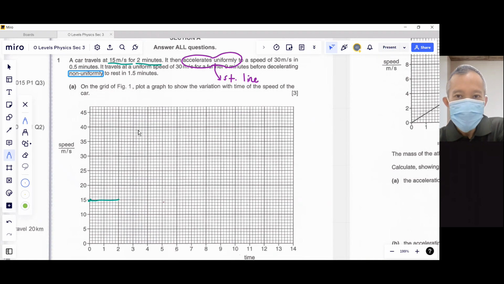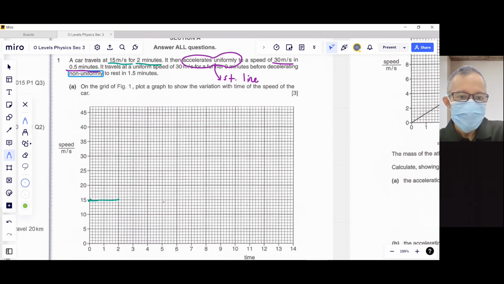The tricky part here is you have to use your formula. And as I said many times, there's only one formula to use. So you write out your formula. Oh, sorry, I retract my words. You do not need your formula because they told you the final speed, and they also tell you the time.